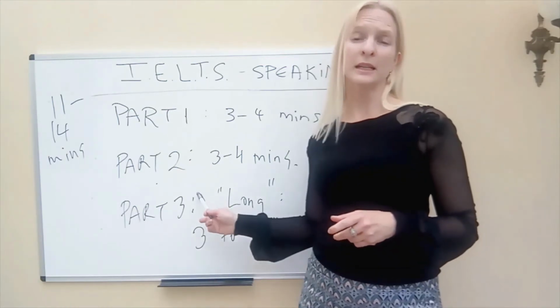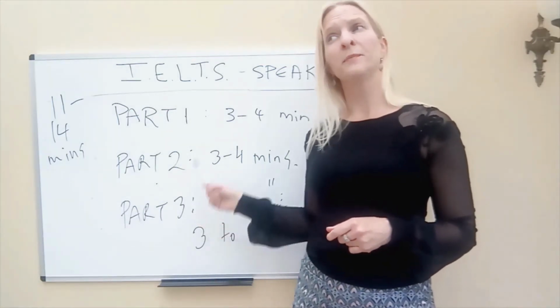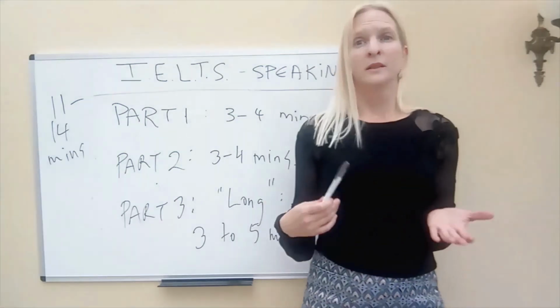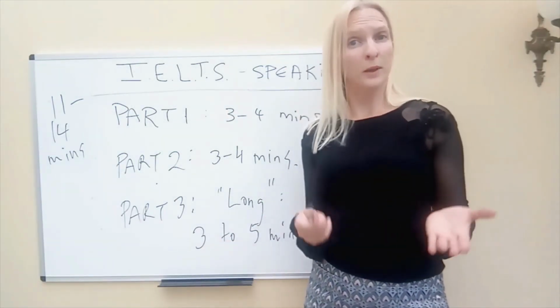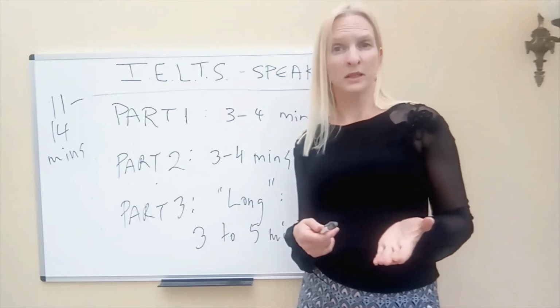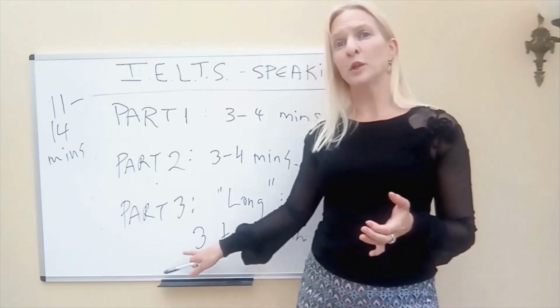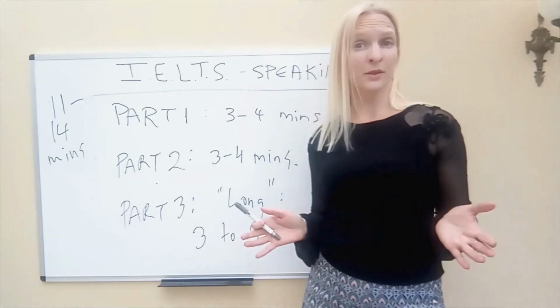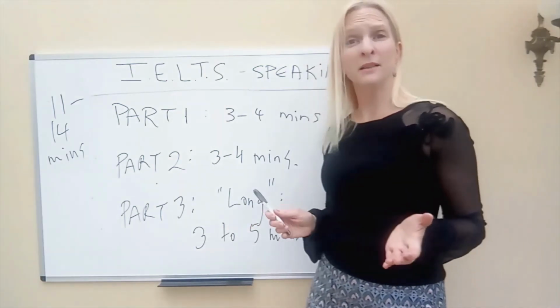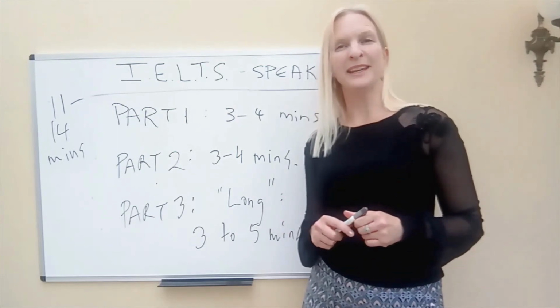And there is a slight difference, because in part 2, it tends to be a little bit more neutral. Part 3, you may be asked your opinion or your argument about something. So it's a little bit more challenging and a little bit more philosophical. So that's it. That is the structure of the speaking test.